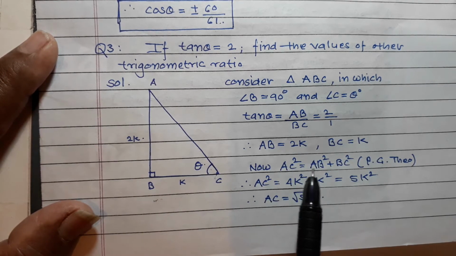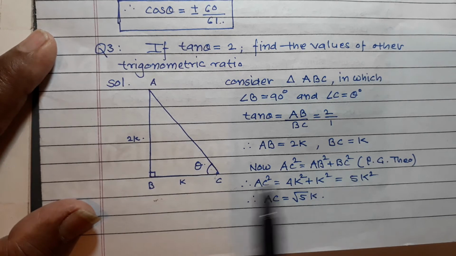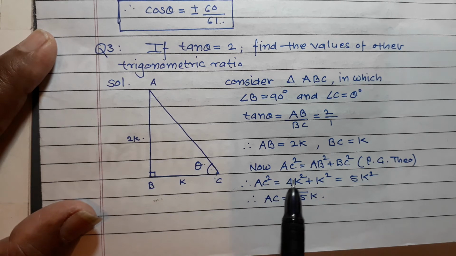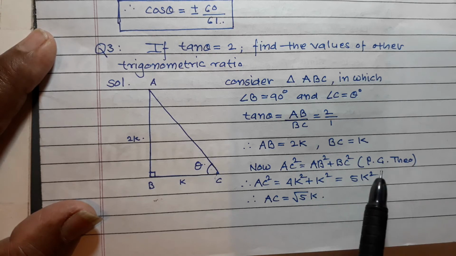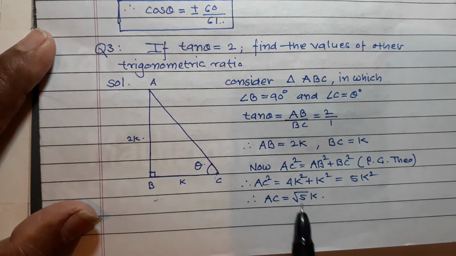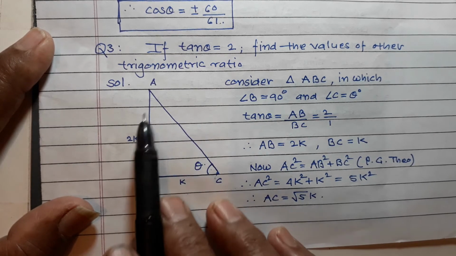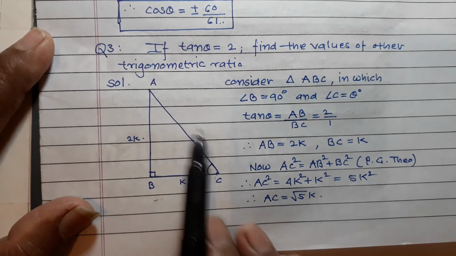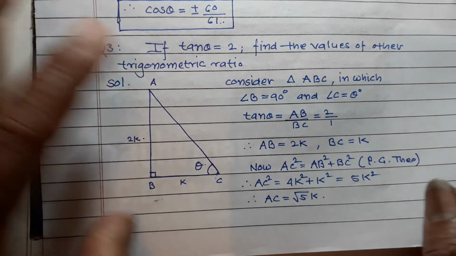Now AC square is equal to AB square plus BC square, Pythagoras theorem, and therefore AC square is equal to 4k square plus k square is equal to 5k square, and hence AC is equal to root 5 k. Now you know AC, so means all sides of the triangle you know, so that you can find all the trigonometric ratios.